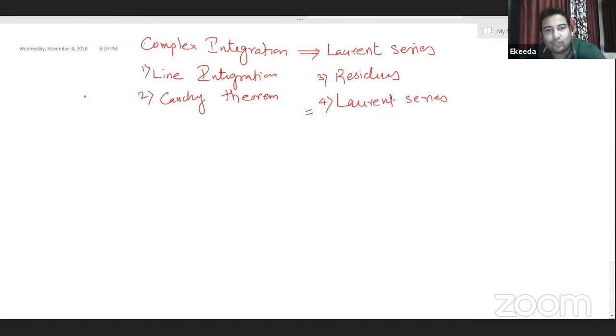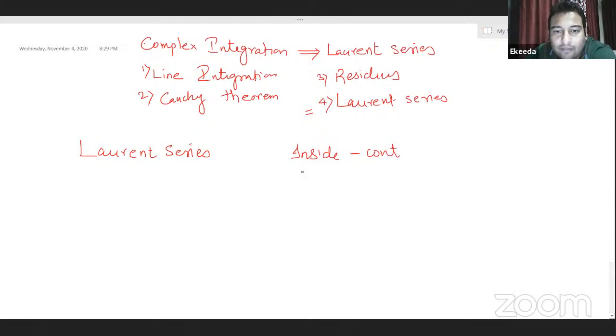Laurent series. So let us start with the first problem on Laurent series. Before going ahead, one point that you need to remember. If you remember this point, you can easily score marks. And the point is, inside constant, outside z.